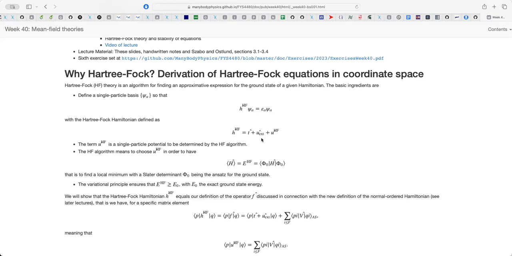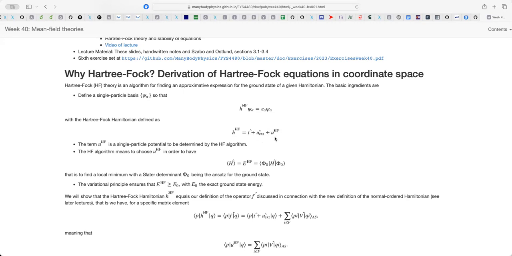We saw in the previous lectures that we defined this T plus U external as the operator H0. And often we have an analytical solution for that with a given basis. Then we are going to define a new one-body operator, which we are going to call a single particle potential.